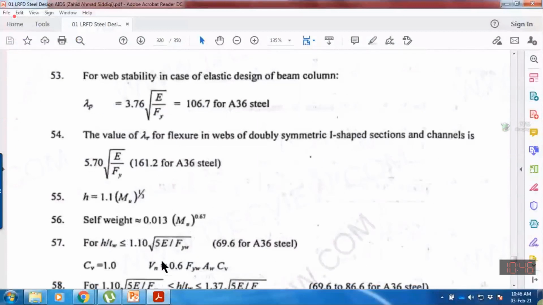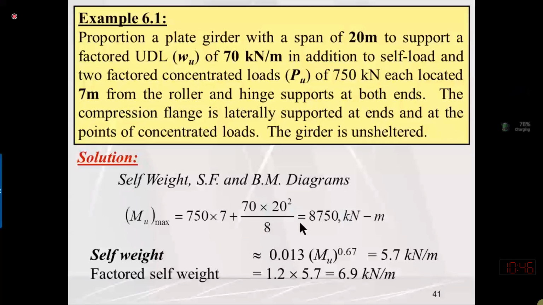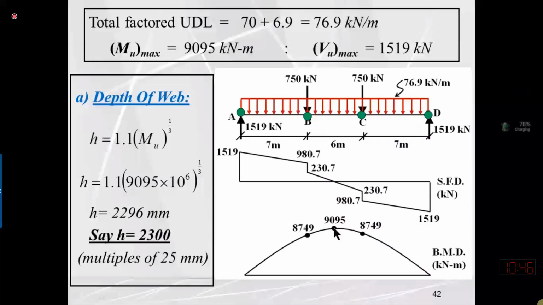Here, this Mu is the maximum moment without self weight. So you can determine the maximum bending moment over here by any method. This load you will assume as 70.6.